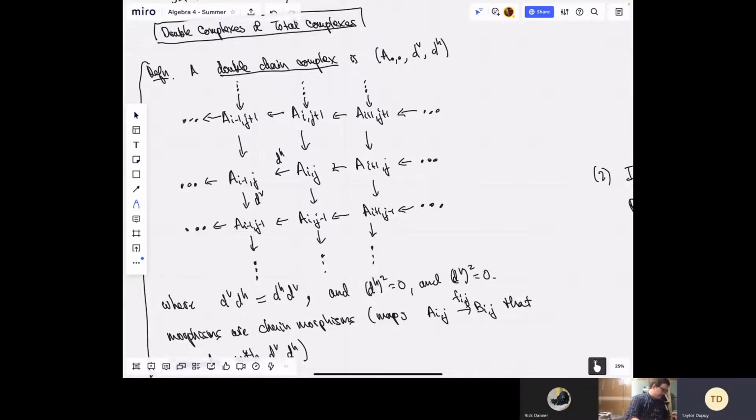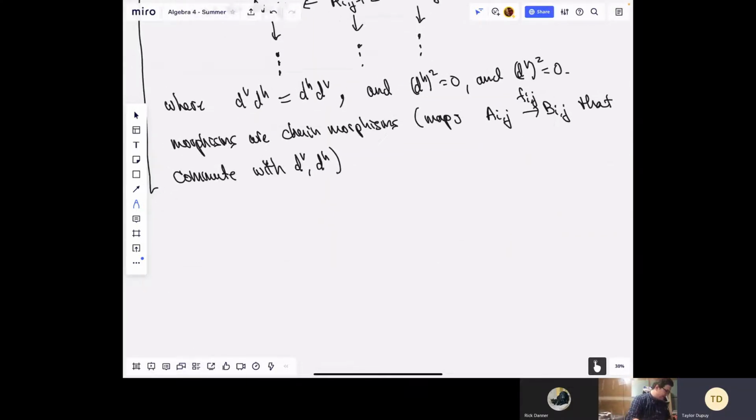So here are some exercises. One is that chain complexes of modules are an abelian category.